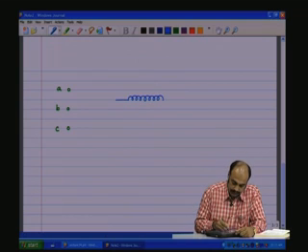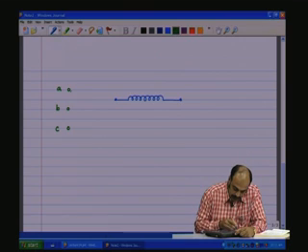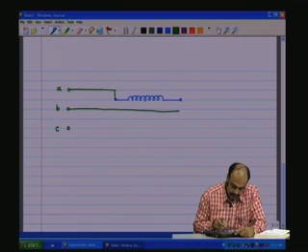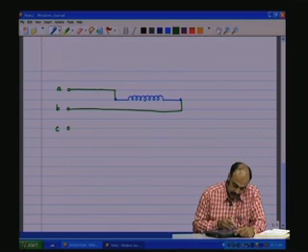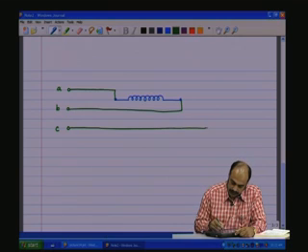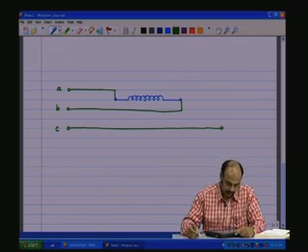I am going to take the primary, and to the primary terminals let us make the connection, the A phase connection here, the B phase connection here, and the C phase line just goes out like that, without getting connected to any part of the transformer.